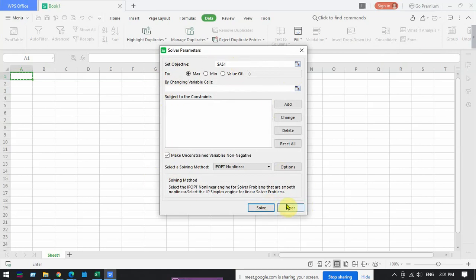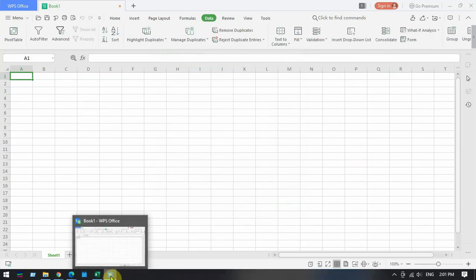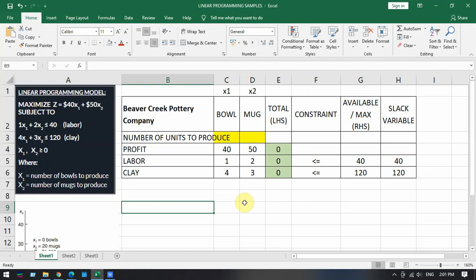Google Sheets, WPS, and even Microsoft Excel have the same parameters or requirements if you're going to use the solver, because solver is one of our options for calculating our variables in a fast way. And for Microsoft Excel, I already have the data here, for example, later on.